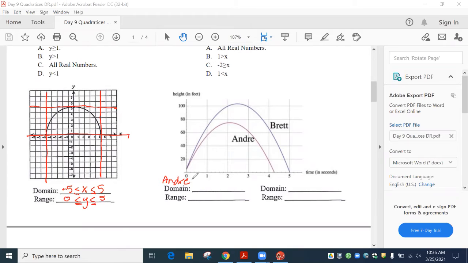So Andre and Brett are throwing the ball. So Andre throws the ball, and the x-axis represents how long it stays in the air. So when Andre throws the ball, it starts at 0. So does that make sense? So you don't start the clock until you let go of the ball.